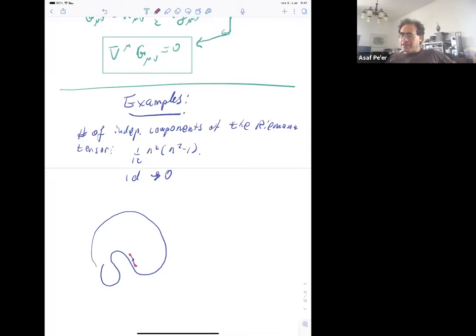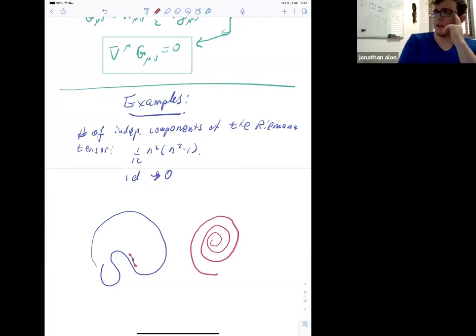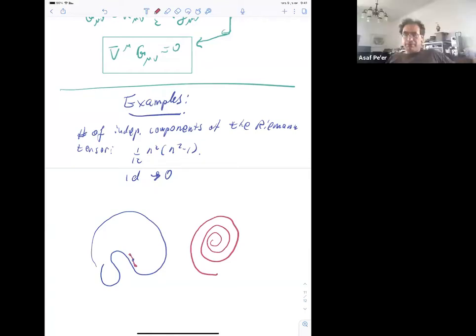If we look from the outside, you can say, hey, this is curved, but no, it's not curved. In one dimension, there is no such thing as curvature. That means that all the lines are the same. Yeah, all the lines are the same. You can always either go left or go right.